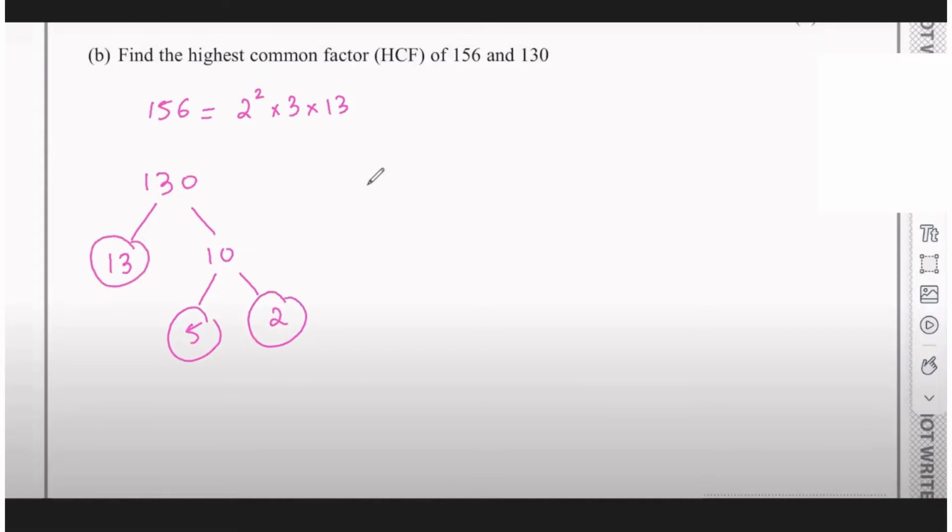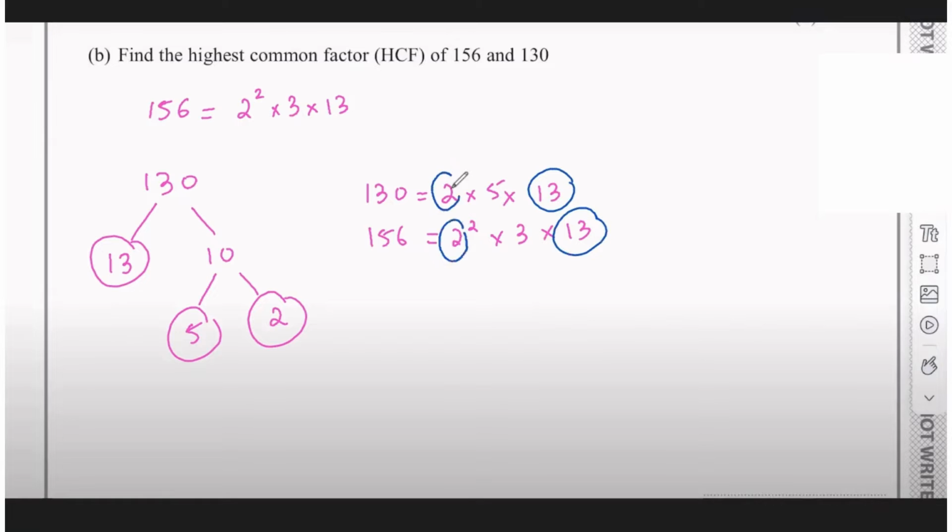So as we can see, 130 is 2 times 5 times 13. Now if we compare that with 156, we can see that the highest common factor is 13 and one value of 2, not both the values. So the highest common factor will be 2 times 13, which is 26.